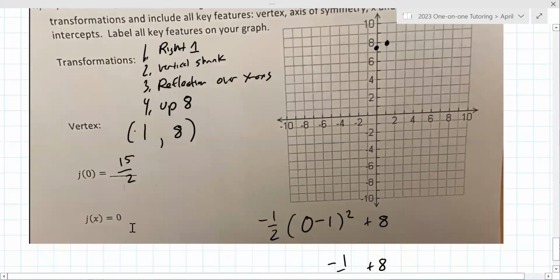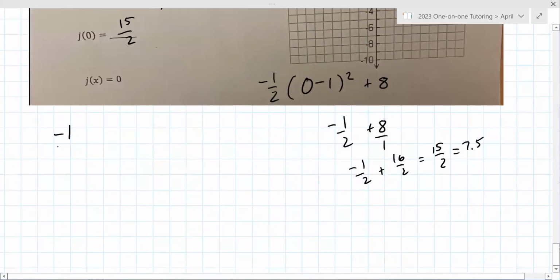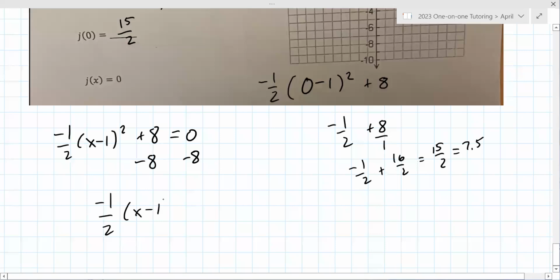All right. And then last one here, j of x equals 0. You're setting the equation equal to 0. This one's a little bit more involved, so let's step through this together. Let's subtract 8 from both sides. Negative 1/2 times x minus 1 squared equals negative 8.